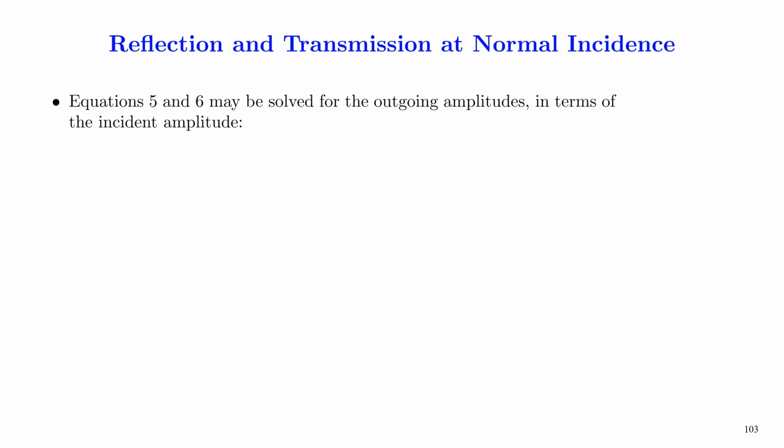We shall now solve equations 5 and 6 for the outgoing amplitudes to get expressions in terms of the incident amplitude. Let's have 5 plus 6. This gives us 2 times E_0I equal to (1 plus beta) times E_0T.